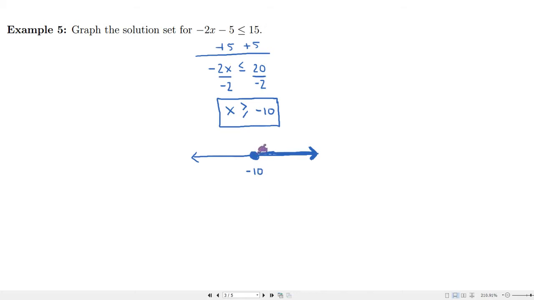Well, it's greater than or equal to, so we're going to have a bracket, -10, all the way up to positive infinity, right? But not inclusive, because that's not a number, right? And so here's our solution. Of course, it only asks you to graph the solution, but it's good to get used to doing all three.